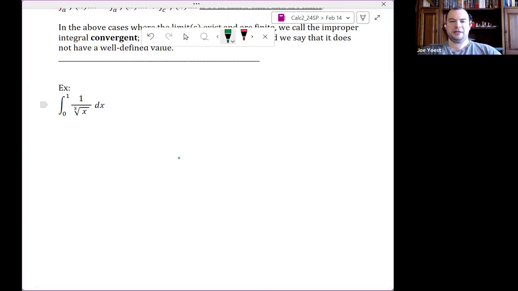So let's evaluate the integral from 0 to 1 of 1 over cube root x dx. And again, to stay consistent with my previous ones, I want to do this in green. The first thing I want to do is see that my problem point is 0. So I want to integrate from t to 1 of 1 over cube root x, that's x to the minus 1/3 power, dx.